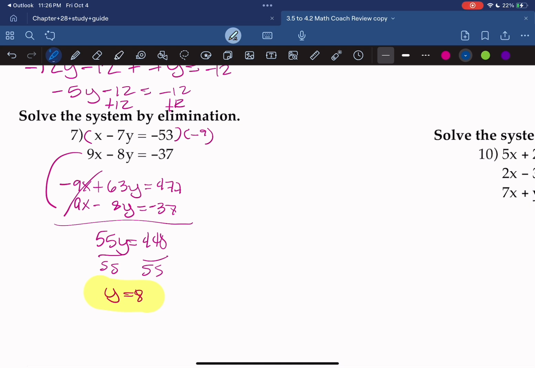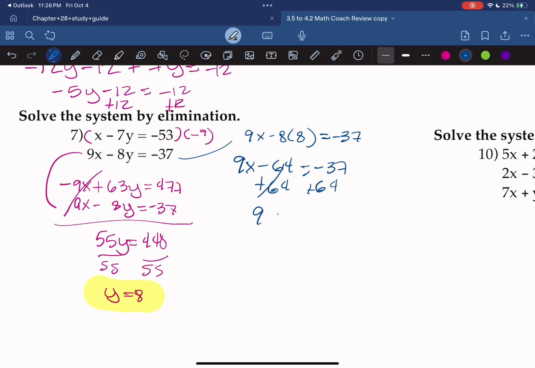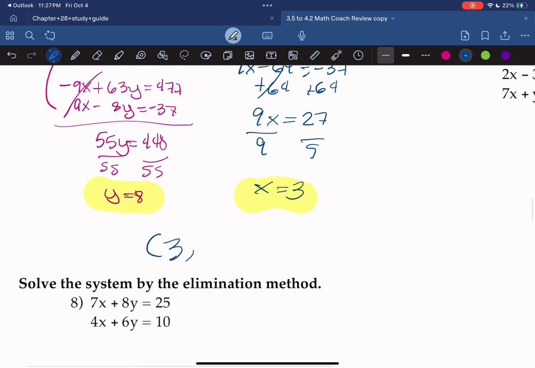Let's plug it into the second one. 9x minus 8, our y is 8, equals negative 37. So 9x minus 64 equals negative 37. Add 64 to both sides. 9x equals 27, divided by 9, x equals 3. So our answer is 3, 8.